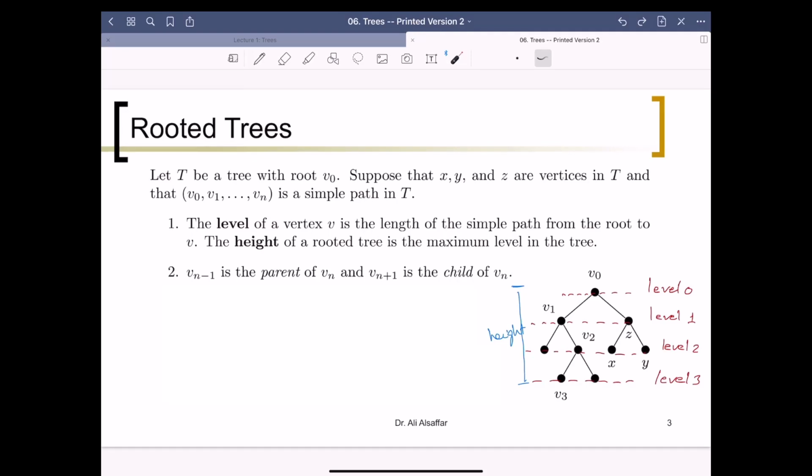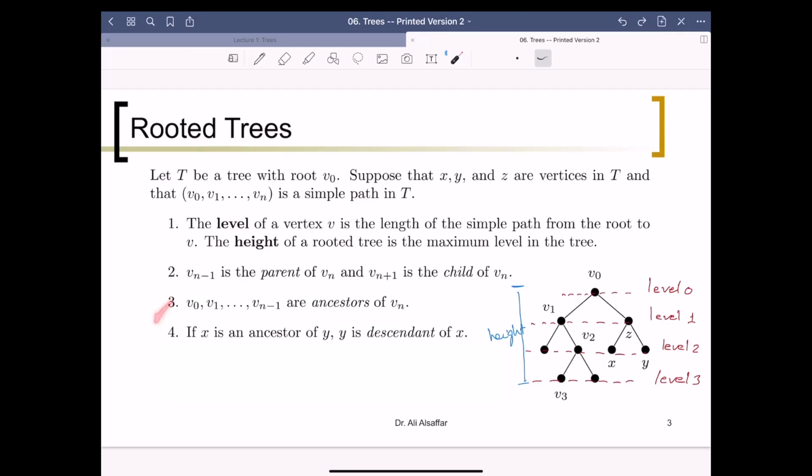So if V1 and V2 are adjacent, the one on the upper level will be the parent of the one in the lower level, and the one in the lower level will be a child of the vertex in the upper level.